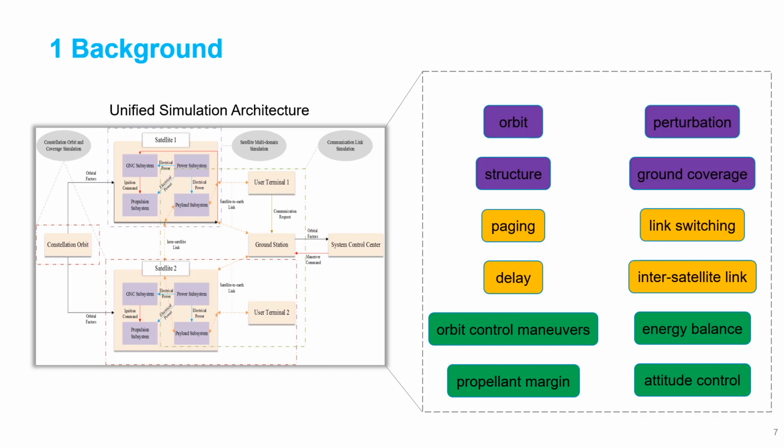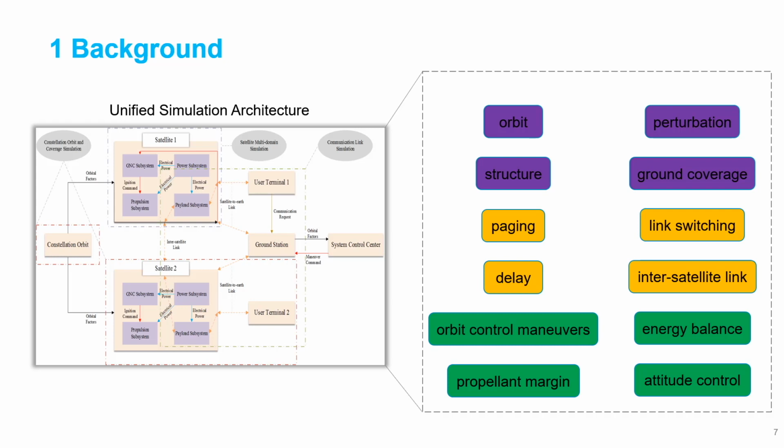The System Control Center generates the satellite orbit maneuver control signal and transmits it to the GNC subsystem of the satellite that needs to maneuver through the satellite to ground link.